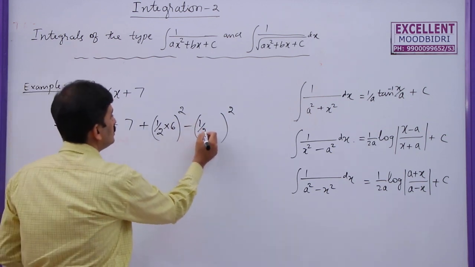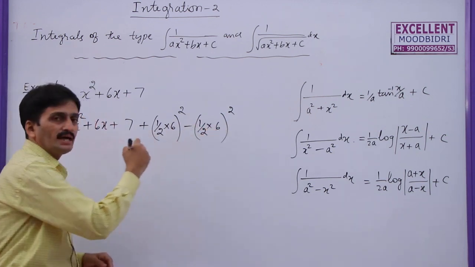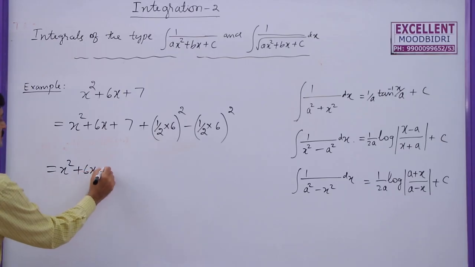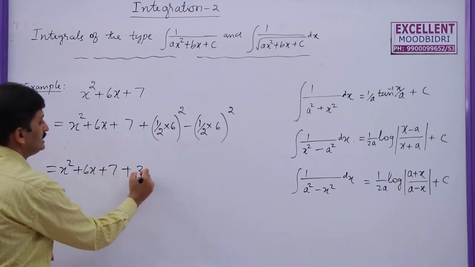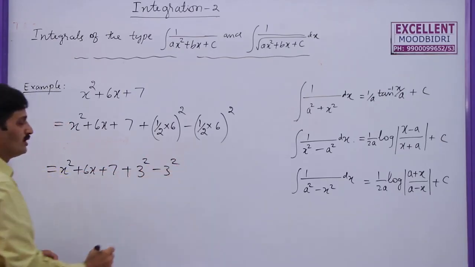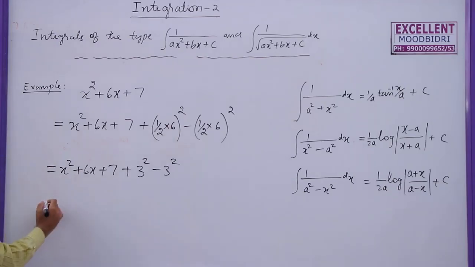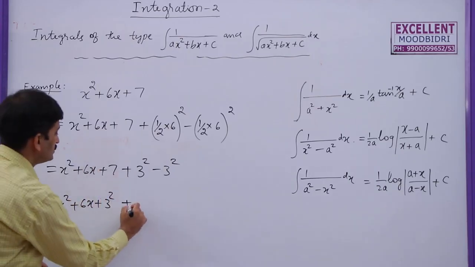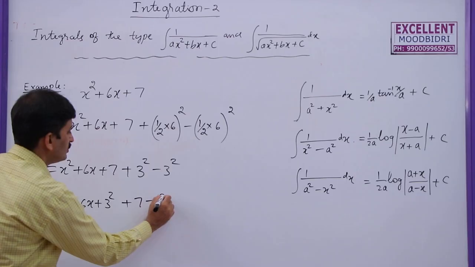You have to subtract because otherwise the value will change. That is x square plus 6x plus 7 plus 3 square minus 3 square. Now x square plus 6x plus 3 square, rewrite, plus 7 minus 3 square, which is 9.